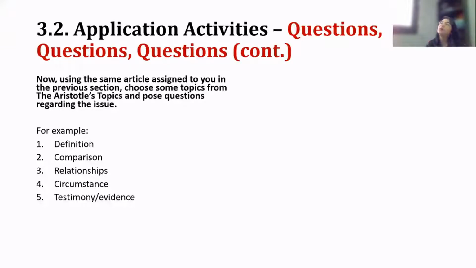Before you decide what questions to ask, you may ask yourself first, what type of topics do I need to use in the discussion? Okay, I will ask about definition, I will ask about comparison, the relationship of this and that, and other things.